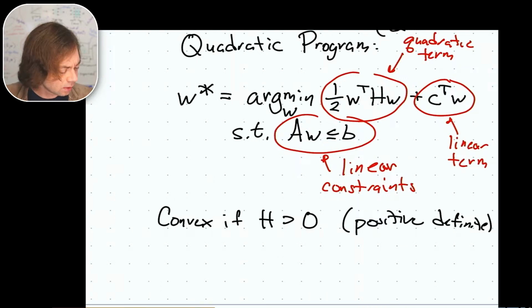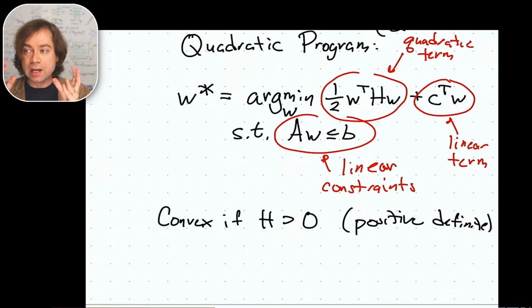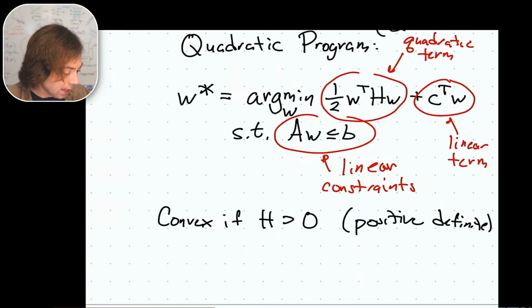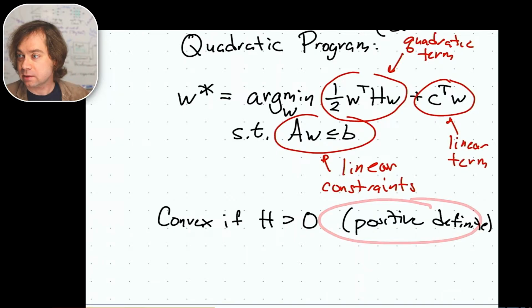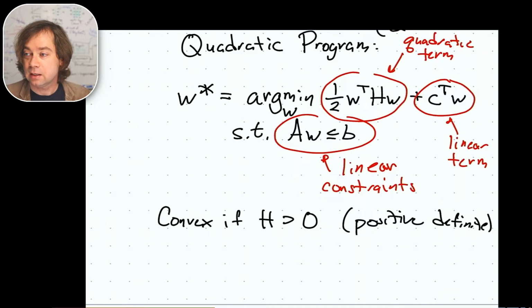That works fine. So that's neat. So if we can take our optimization problem and set it up so it's a quadratic program and it's positive definite, guess what? We can use MATLAB's or any number of existing quadratic programming solvers, okay?